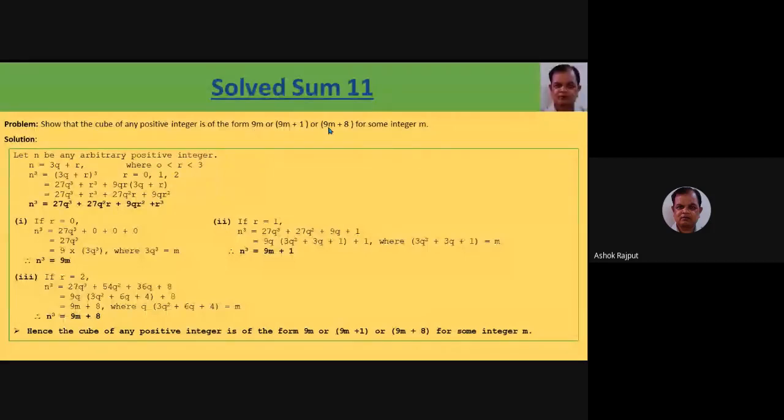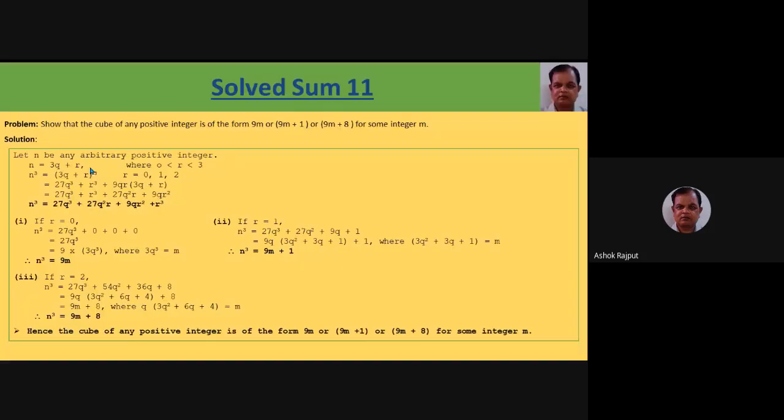Here is 9, here is 9, here is 9. It means 9 is the divisor. With the help of the divisor, first we decide the remainder. So let n be any arbitrary positive number. Arbitrary means certain, without any pre-decision. We have taken any number which is positive and an integer.